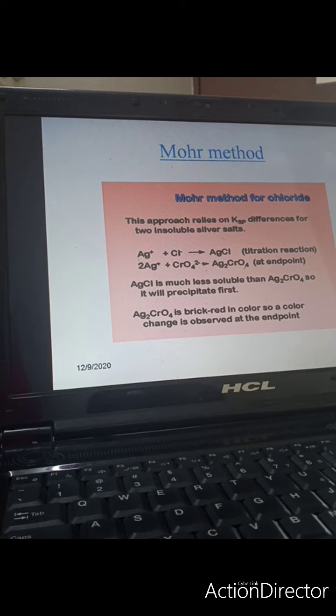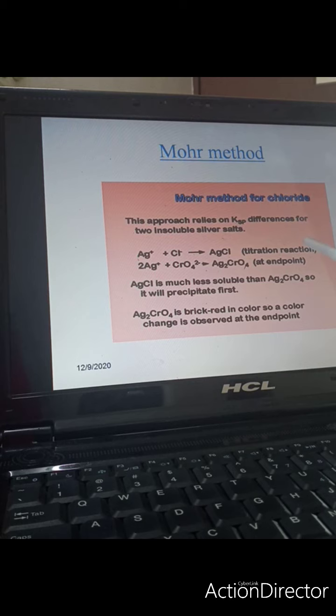So when we titrate it against AgNO3, Ag will be reacting with chloride ions and it will give you AgCl. It is a very instantaneous reaction, and immediately you will see a white precipitate formed. Actually this approach depends on the solubility product difference of the two insoluble silver salts.